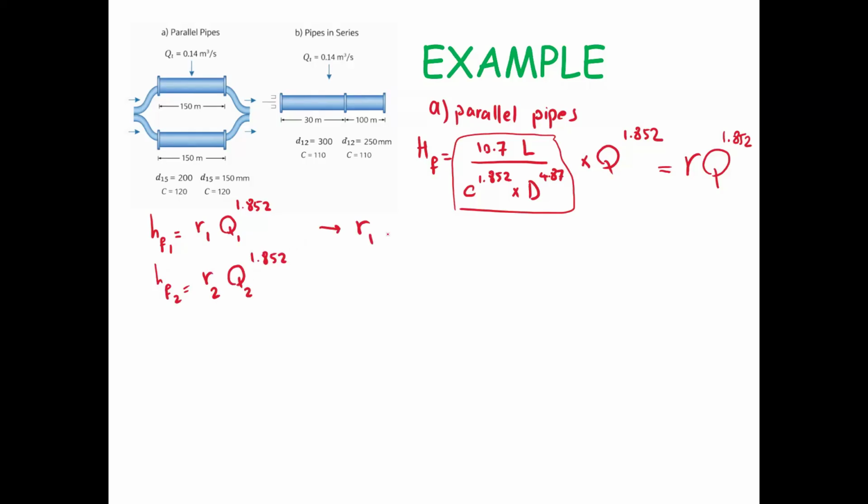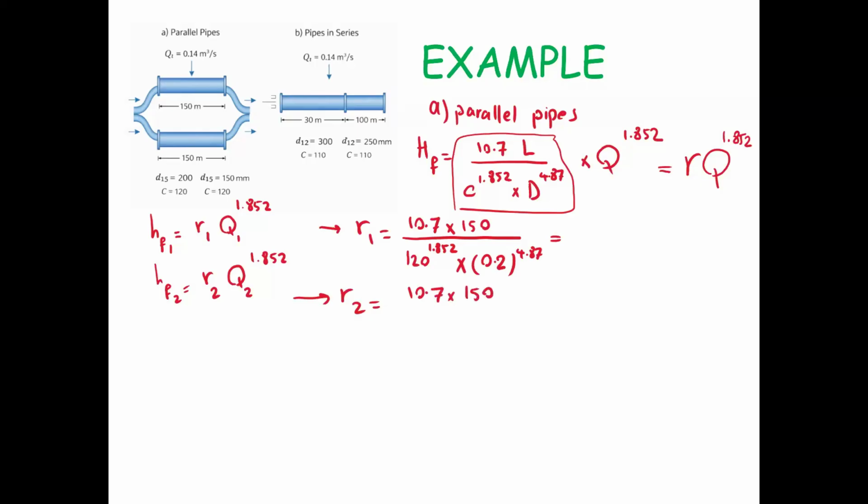So I will start with R1: 10.7 multiplied by L divided by 150 to the power 1.852, divided by D, what's the D in meter, to the power 4.87.